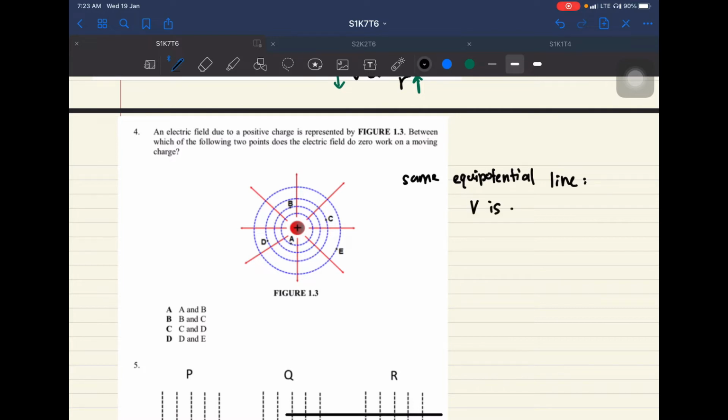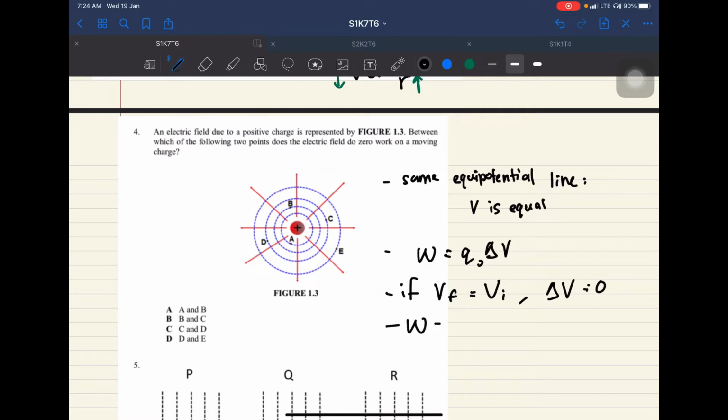V is equal. And since you know that work is equal to Q delta V, if V is equal, therefore delta V is equal to 0, so work equals 0.